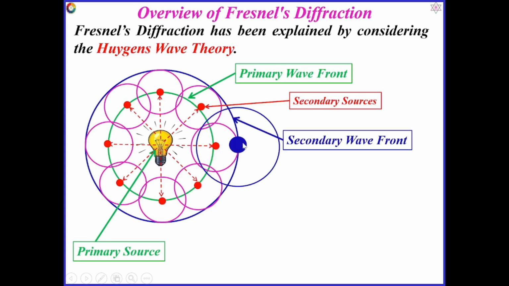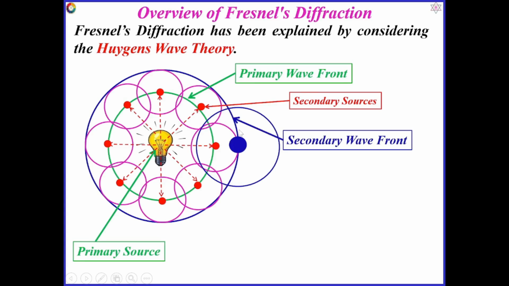As this will be the source, from this source also the wavefronts will be propagated in all the directions. So this circle will be called the primary wavefront of this tertiary source, but this wavefront will be called your tertiary wavefront of this primary source.